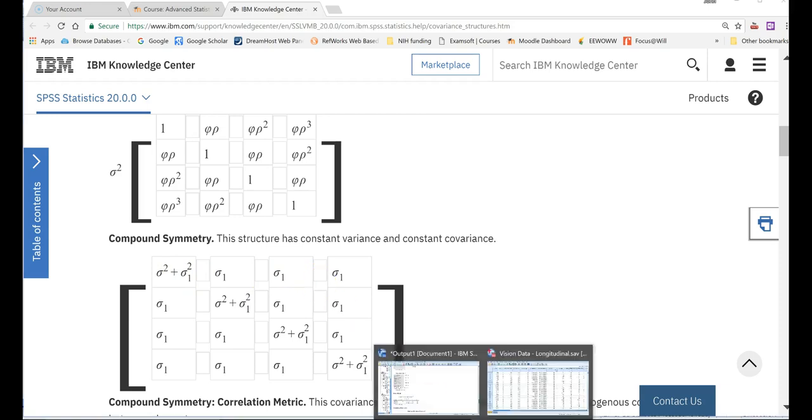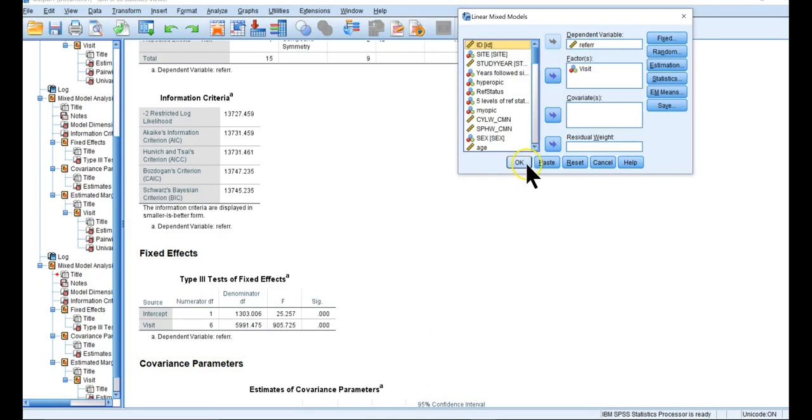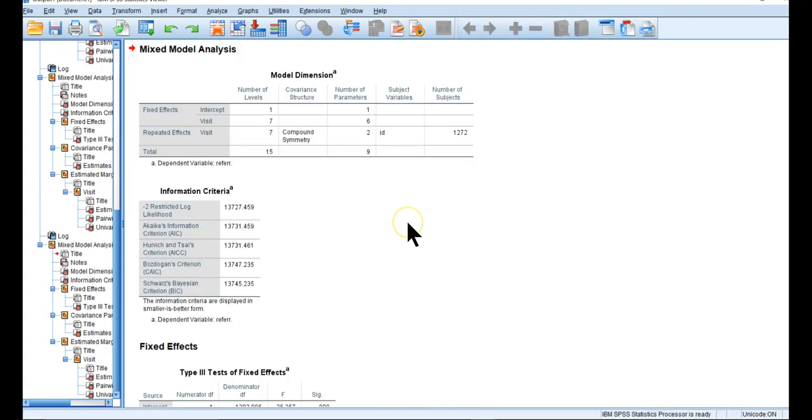Let's see how that guy does. Okay, our structure is compound symmetry. Here's our 2 estimates. We're now down to 13,731.